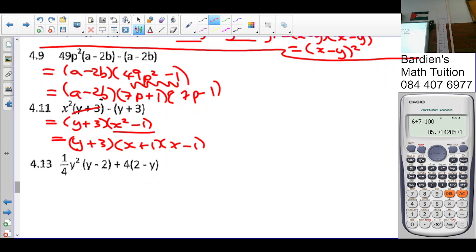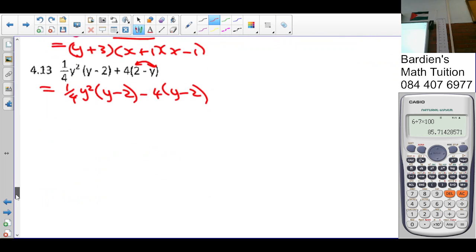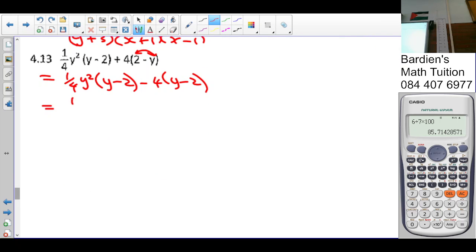Is y minus 2 the same as 2 minus y? No. So swap around. So it's a quarter y squared into y minus 2 minus 4 into y minus 2. What do you notice now? So common factor of y minus 2.